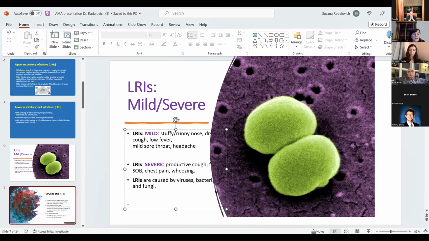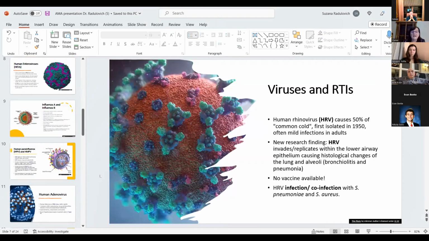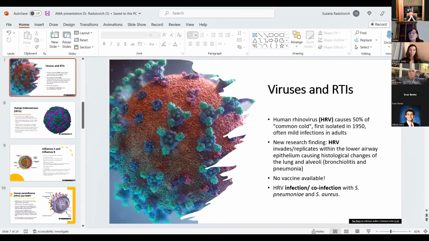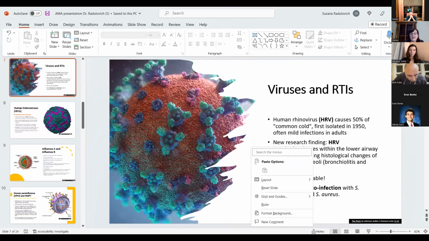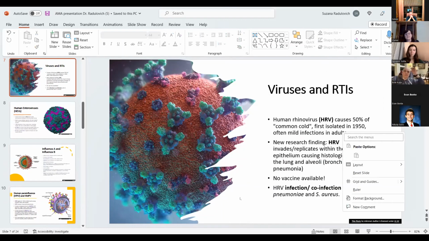Usually you talk about influenza A and influenza B, but I wanted to point out that there are more than 200 viruses that cause respiratory tract infection. Usually, when you see patients, they say, I came because I have a cold. Well, human rhinovirus causes colds, and it was first isolated in 1951 and causes mild infection in adults.